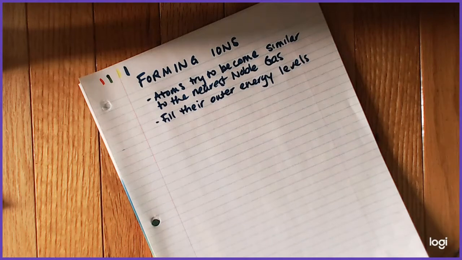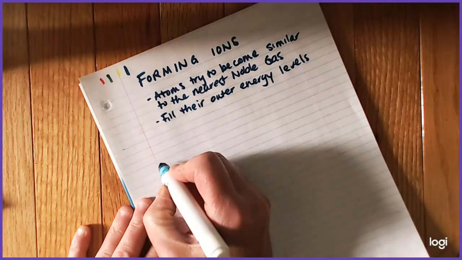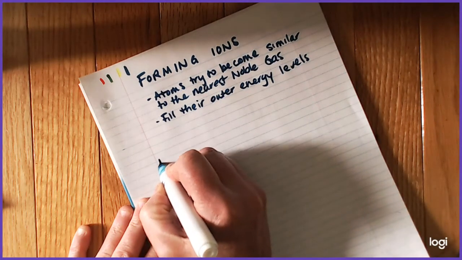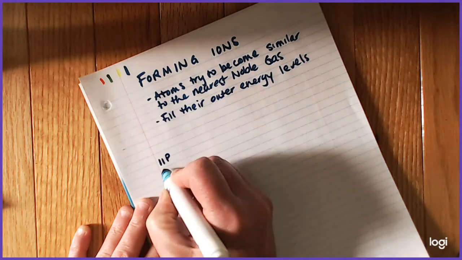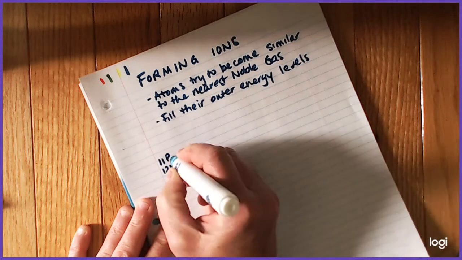All right, so let's start off with something simple like our sodium. We're going to do a Bohr diagram, then a Lewis diagram, and then I'll tell you how it becomes an ion. With our sodium, we start off with 11 protons and 12 neutrons in the nucleus.